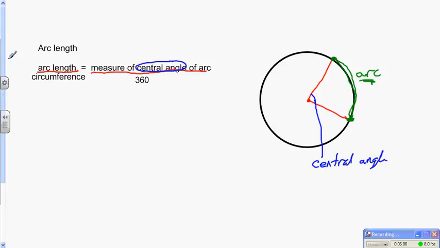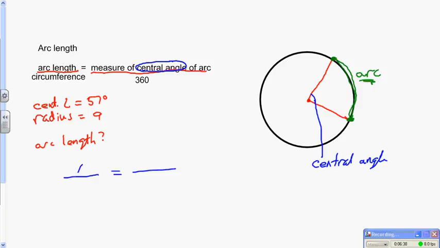So if I give you an example that said a central angle is equal to 57 degrees, and you have a radius equal to 9, what's the arc length? Well, we would use our proportion.